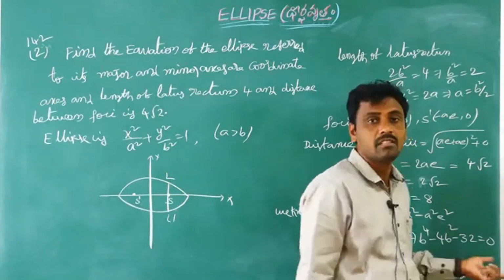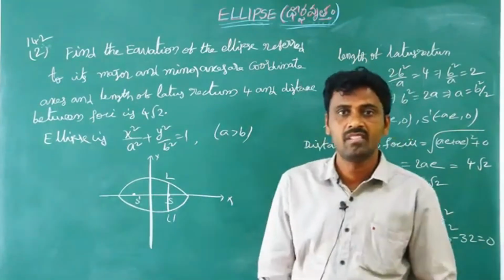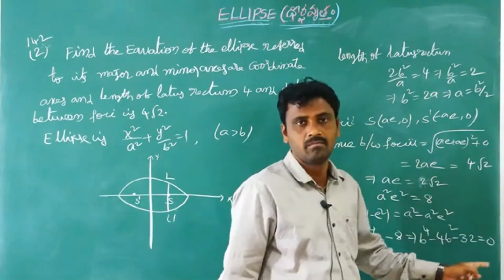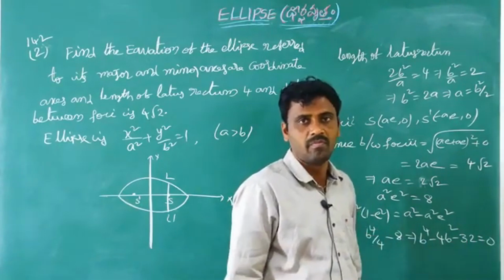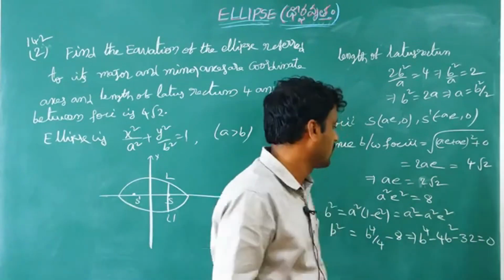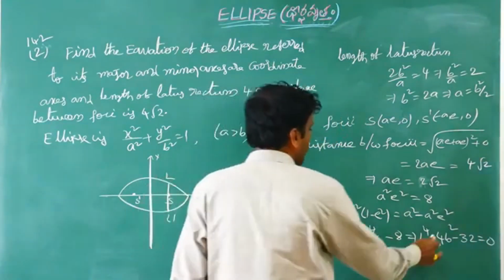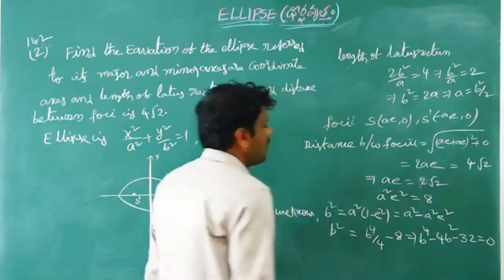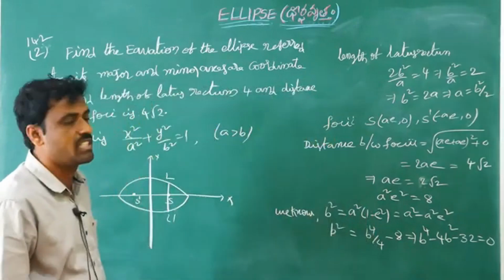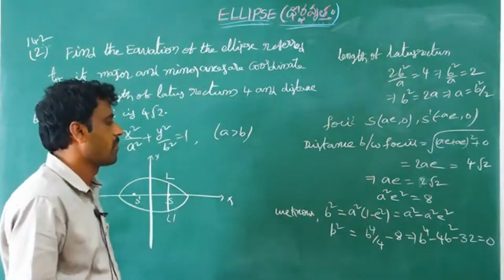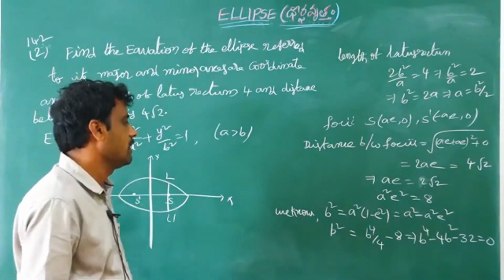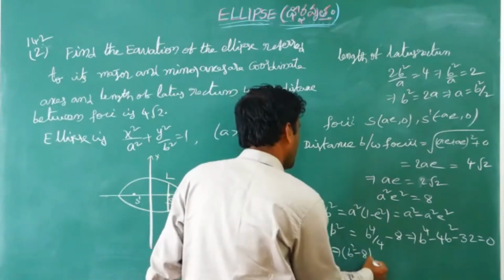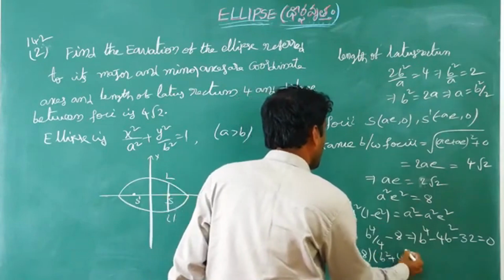Now from here onwards, factorization method. 8 fours are 32, minus 8 and 4: b power 4 minus 8b square plus 4b square minus 32. That is b square into b square minus 8, plus 4 into b square minus 8, equal to 0.